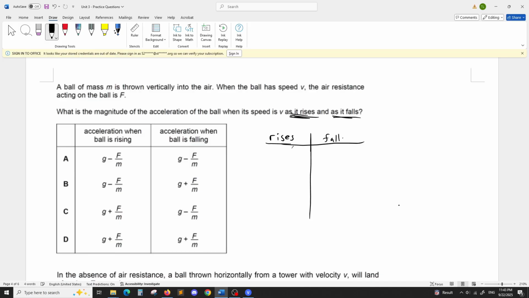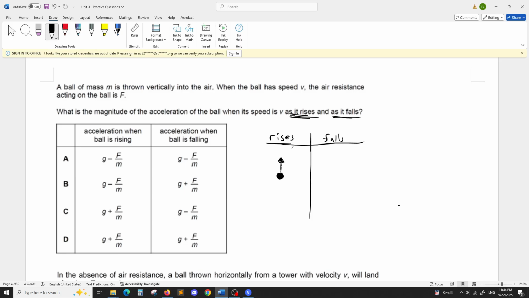So when it rises, let's say this is our ball. We throw it with a certain velocity upwards, and this is unrelated because they're not asking for it.